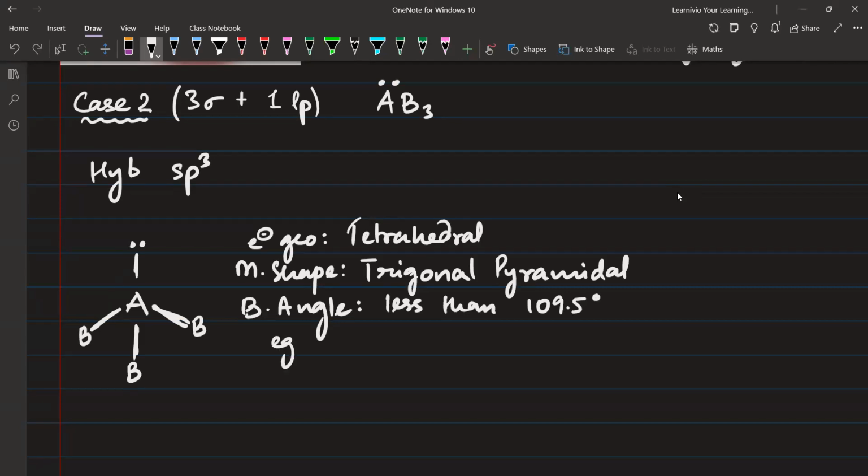The example in this case is ammonia, NH3. The bond angle in this case is equal to 107 degrees. This is the bond angle for ammonia.